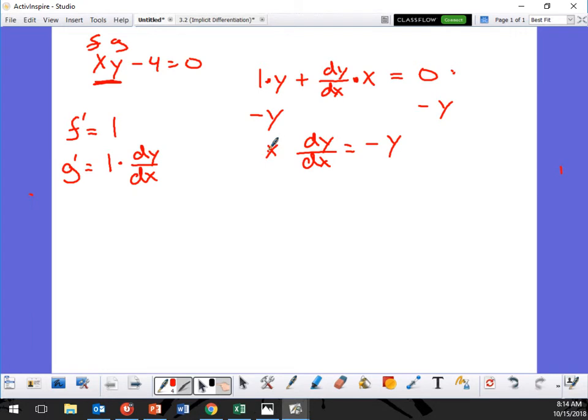Multiplication. How do I undo that multiplication? Division. Yeah, let's divide both sides by x. So I get dy/dx is equal to negative y over x. So that's taking the derivative using implicit differentiation.